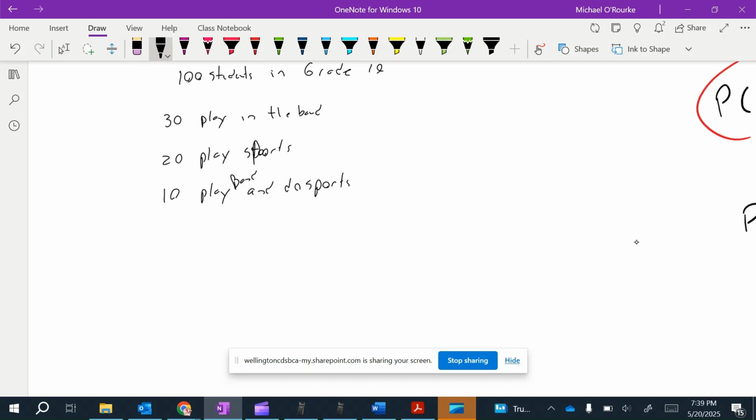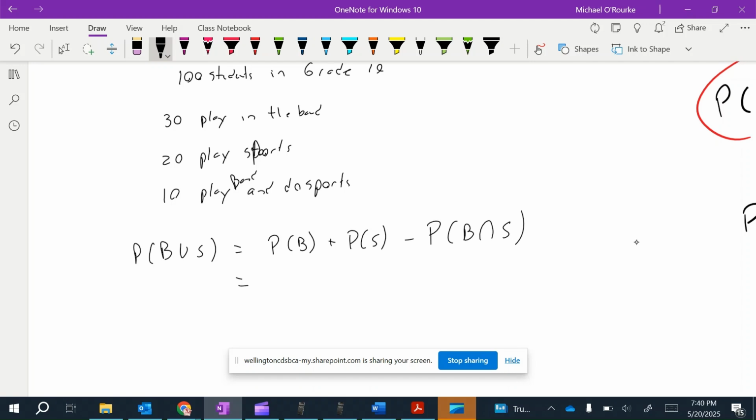Okay, so if I was doing this here, I'm looking for the probability that I randomly pick a person, and they're either in the band or they play sports. So I'm looking at the probability of being in the band plus the probability of playing sports minus the probability they're in the band and they play sports.